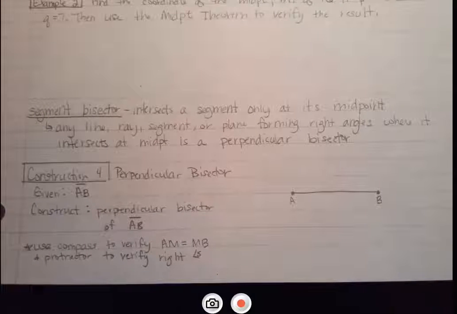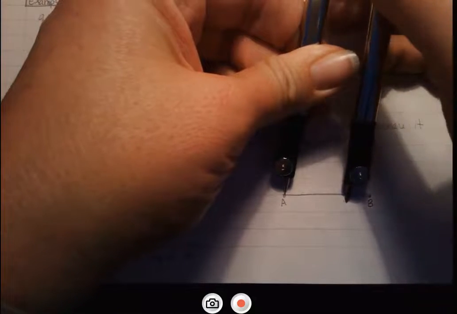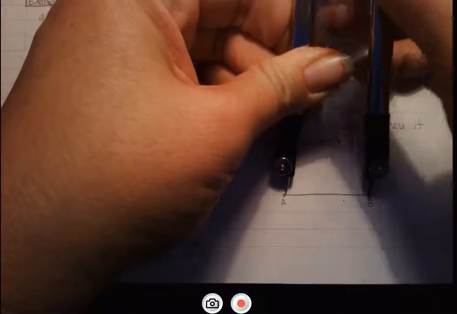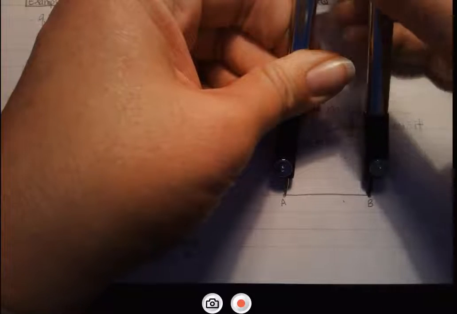All right, so to do this, we're going to use our fixed compass. So measure it up against your length, A to B. Let me change this around. It's kind of hard to do, oh, it's gone the wrong way. All right, so measure out AB.